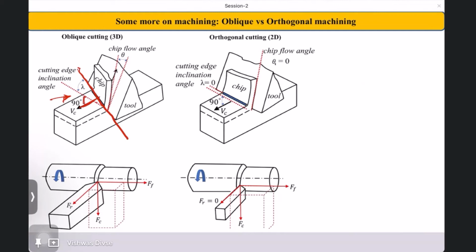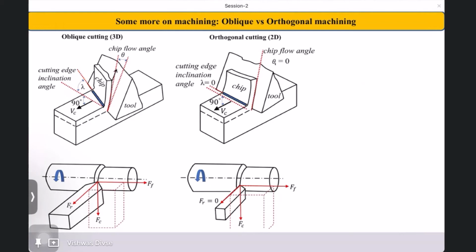So conventionally in many books they simply say if the angle between the cutting edge and the cutting velocity vector is 90 degrees, then we call it orthogonal, otherwise oblique. But that is not a complete and true definition. So in many good books they also say this definition is pseudo orthogonal.